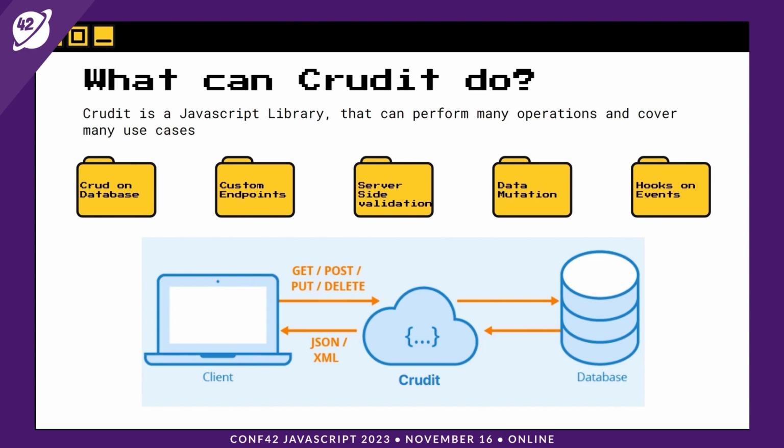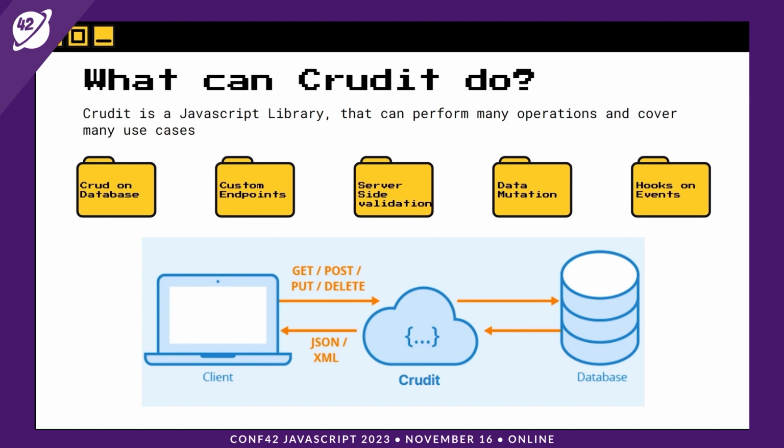So crudit can deploy in just a few lines a REST compliant API to write and read from a document-based database, and we use the Mongo Atlas database. You can use crudit to create custom endpoints that have a dedicated function to handle their request.